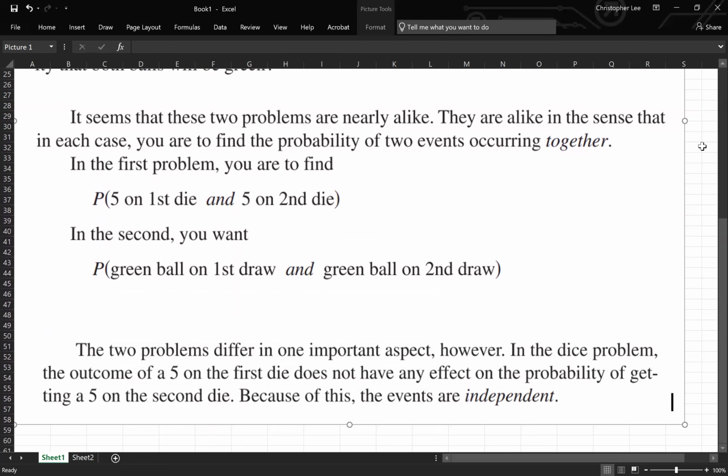The two problems differ in one important aspect, however. In a dice problem, the outcome of a five on the first die does not have an effect on the probability of getting a five on the second die. Because of this, the events are independent, right? So what happens to one doesn't affect what's going to happen to the other, right? They're two different dice.